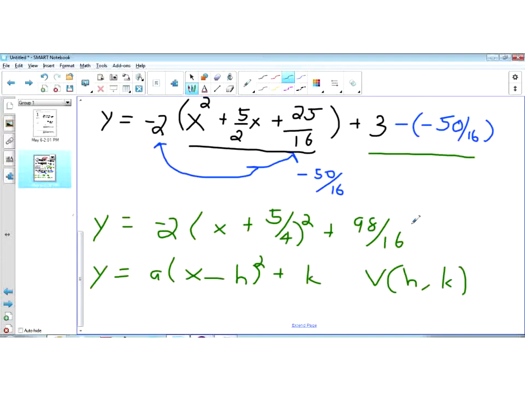That's why we use completing the square, so that we can extract the vertex. In our case, h is -5/4, and our k value, let's reduce it, would be 49/8. Okay, reducing the fraction. So there's our vertex. So now we have 4 points we can use to graph this function.